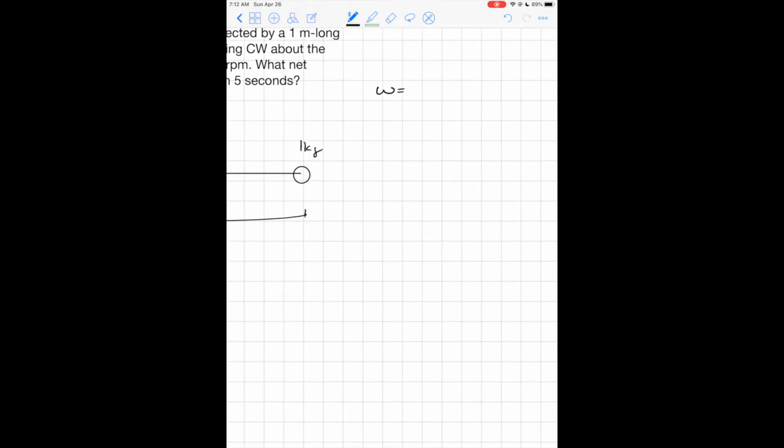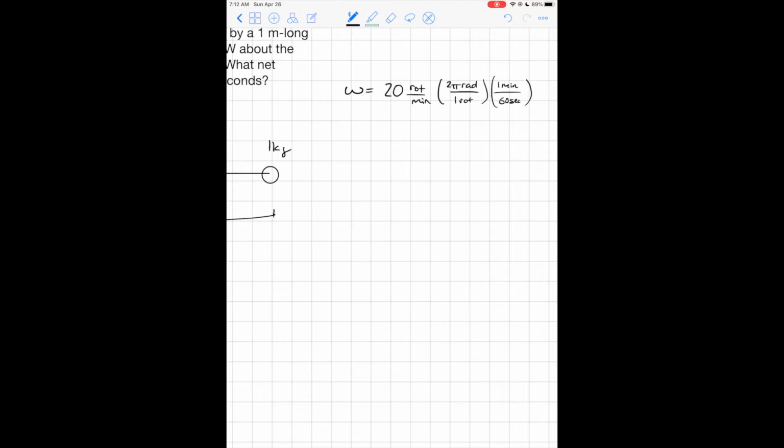To do that I'm going to say 20 RPM, or rotations per minute, times 2 pi radians per 1 rotation, and then finally 1 minute per 60 seconds. With that conversion, I'm left with radians per second, and I get 2.09 radians per second. So that's the omega we're going to use in this problem.